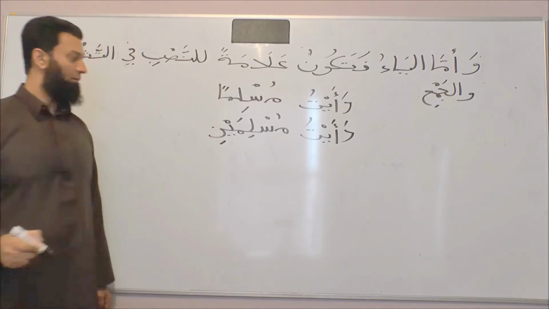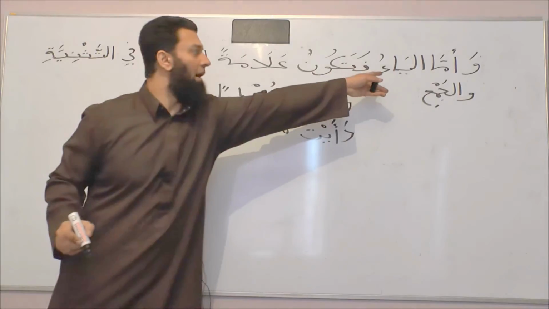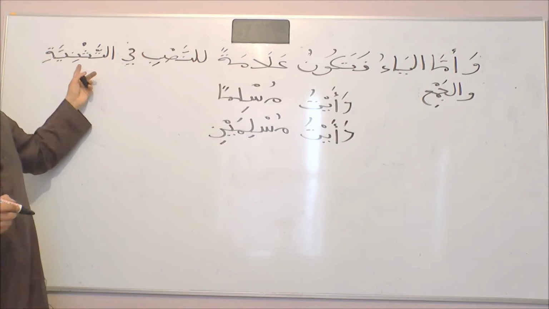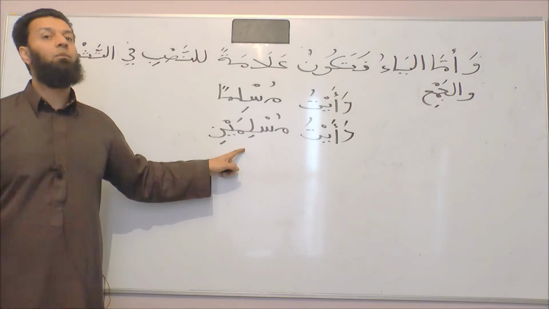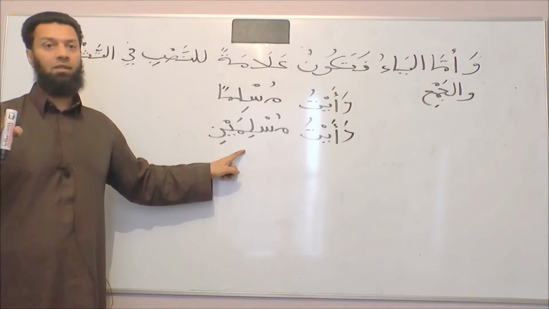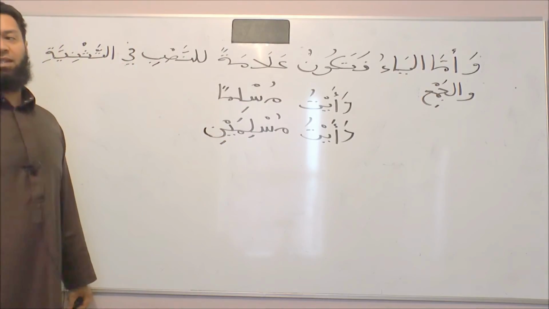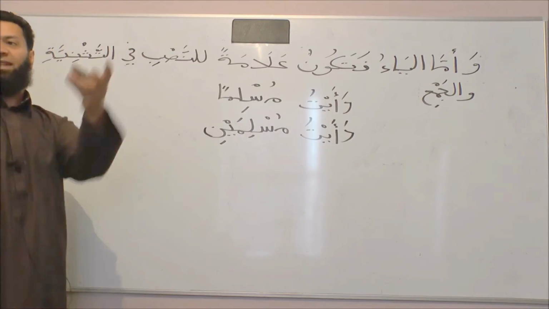Because وأما الياء فتكون علامة للنصب في التثنية. Isn't that في التثنية, the dual? Muslimaini, two Muslims.